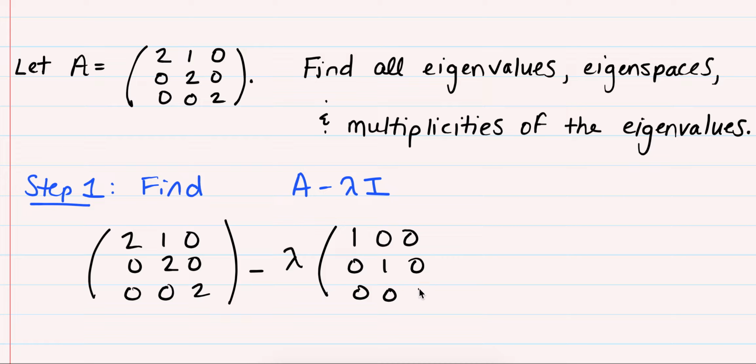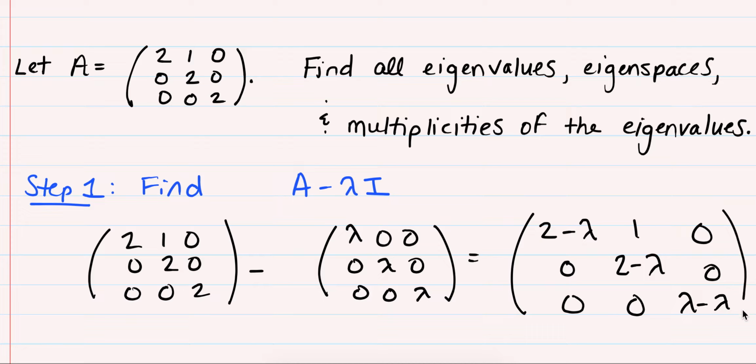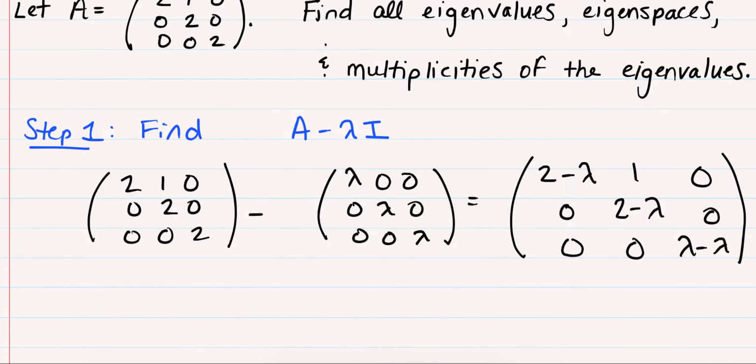So we want to use the 3x3 identity matrix, and I'm subtracting lambda times this identity matrix. And so I'm going to send in this lambda to everything. So this is lambda, lambda, lambda. And so what I'm going to get is 2 minus lambda, 1, 0, 0, 2 minus lambda, 0, 0, 0, 2 minus lambda. Okay? So that's our first step.